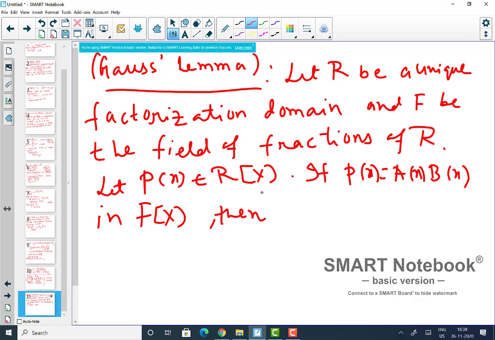Then you can write P(x) as a(x) times b(x) in R[x]. What does that mean?